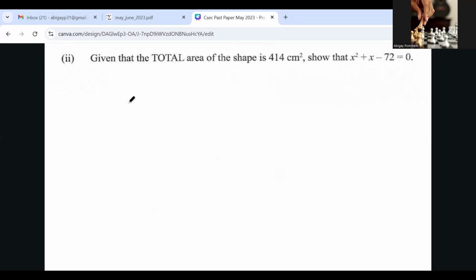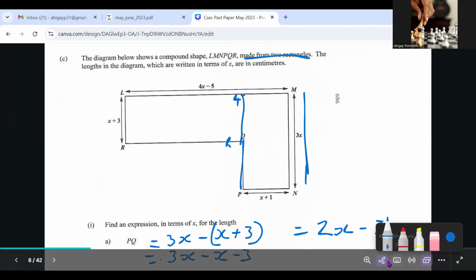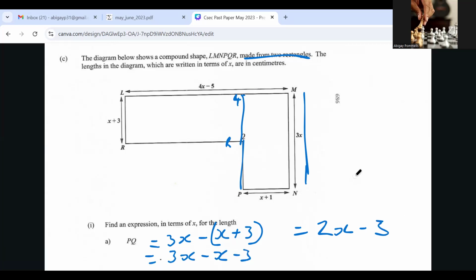You're going to show that the total area of the shapes can equal that. So we're going to go back to our line right here. I'm going to use a different color. Let's use red.